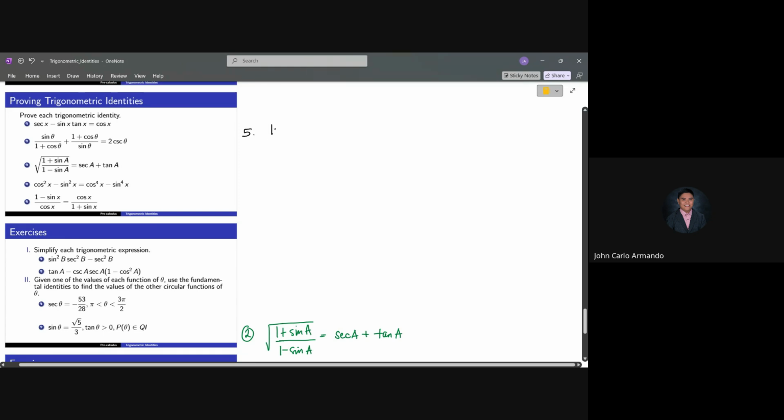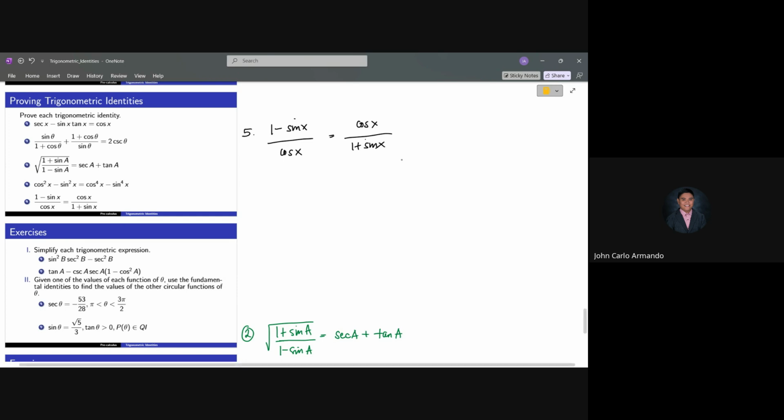That is 1 minus sine x divided by cos x equals cosine x divided by 1 plus sine x. Just like what I said last time, you manipulate the more complicated side. But it seems that both sides are equally complicated or equally simple.